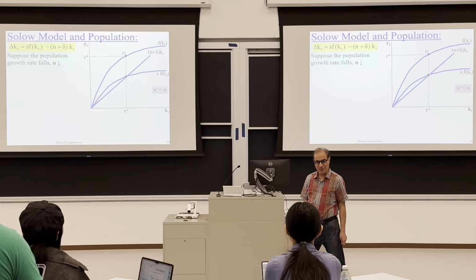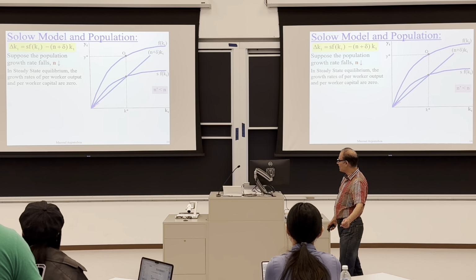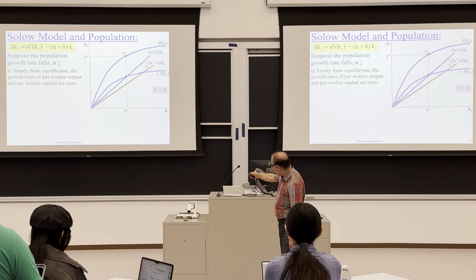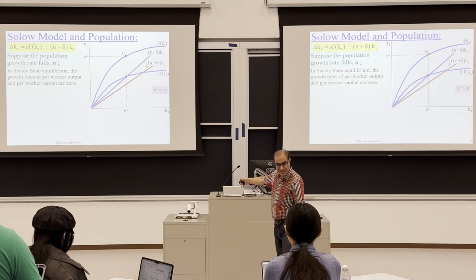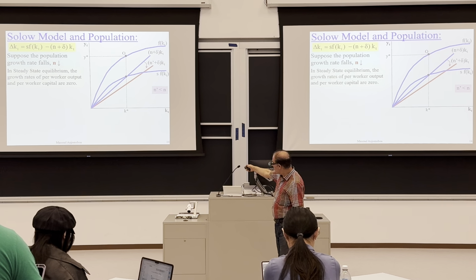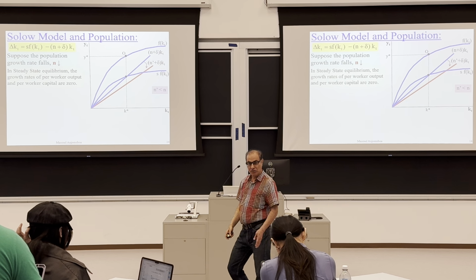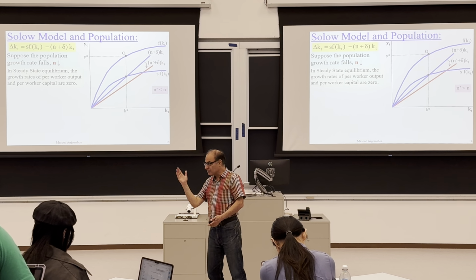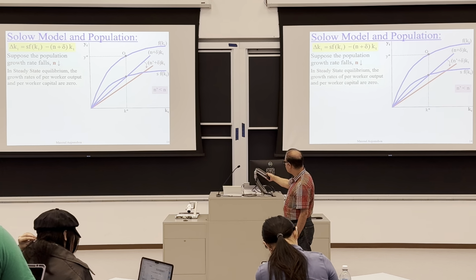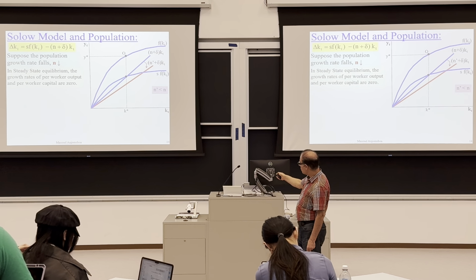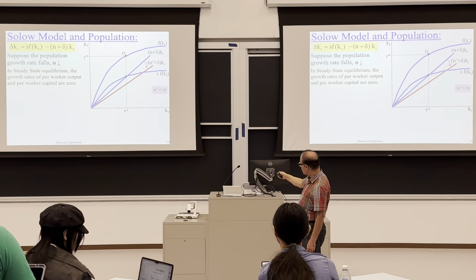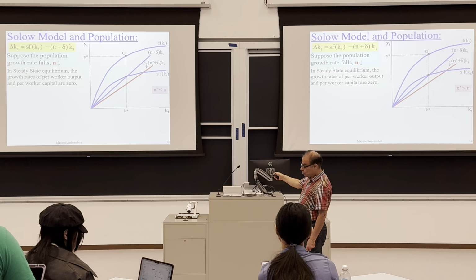Oh, okay, I was supposed to ask you guys. So did you see that? Okay, I gave it away. You know that this is the slope. This slope is n plus delta. Is that right? So when population growth rate goes down, you have rotation of the depreciation line.